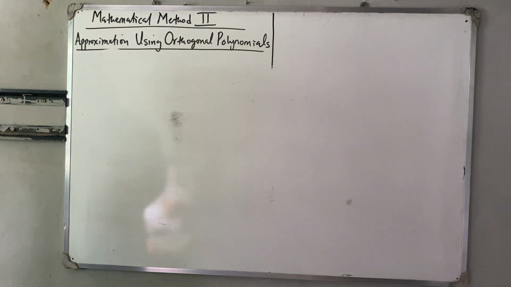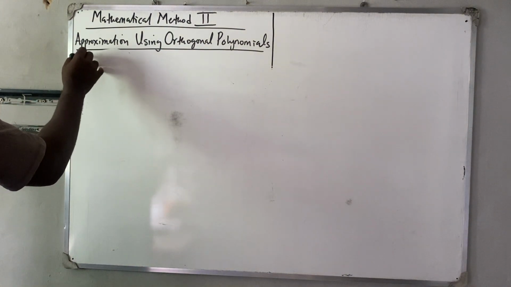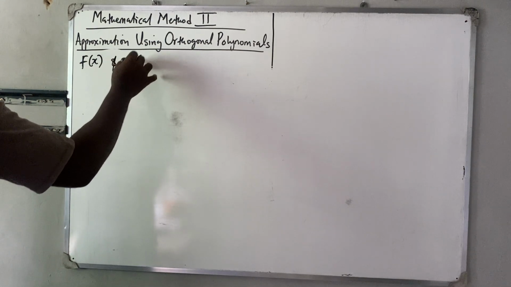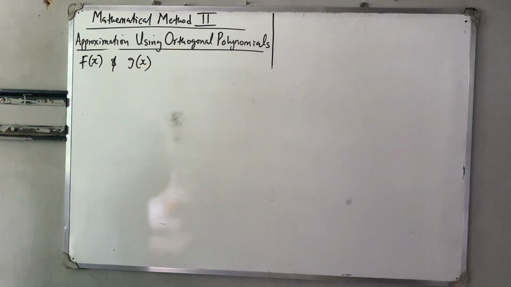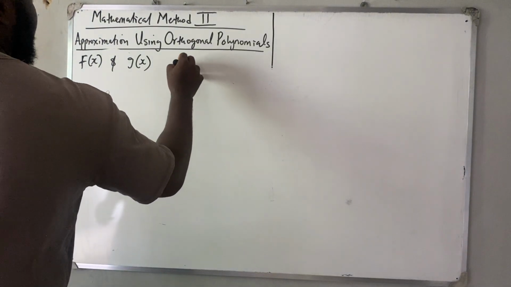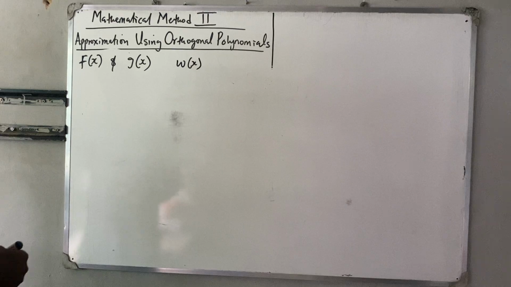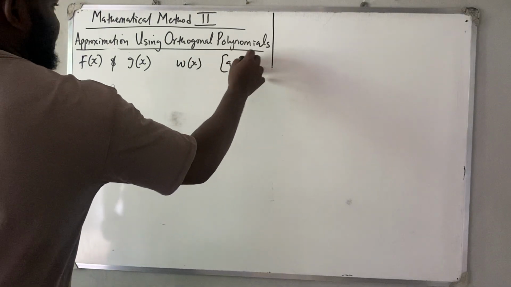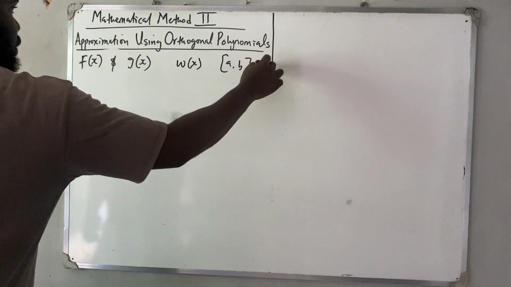Okay, right. If you have polynomials f of x and g of x, they are said to be orthogonal with respect to a weight function w of x over an interval, say a comma b, if this condition is satisfied.